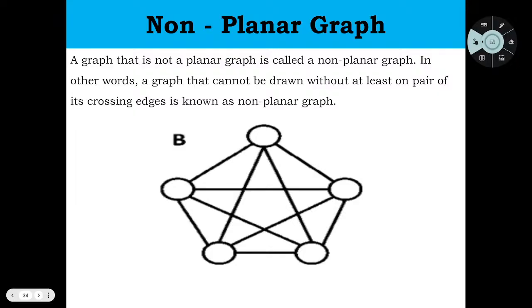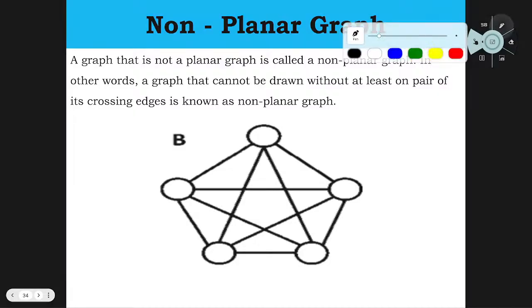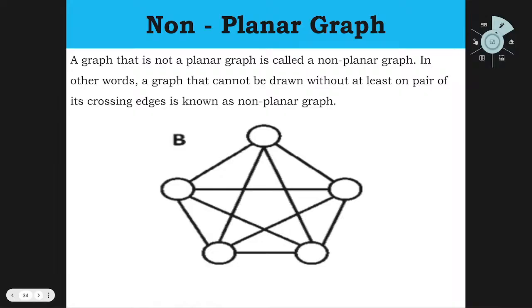Consider the following graph and make it a planar graph. So I am giving its vertices. Try to make it planar. If you are unable to make it, it becomes non-planar. Once try. Actually it is non-planar only. Try to make it planar.